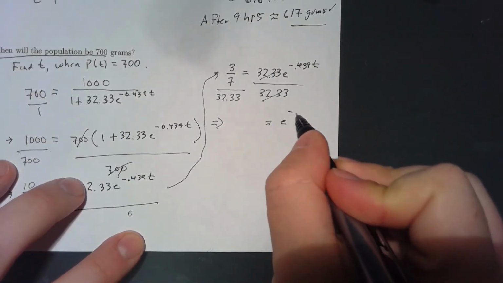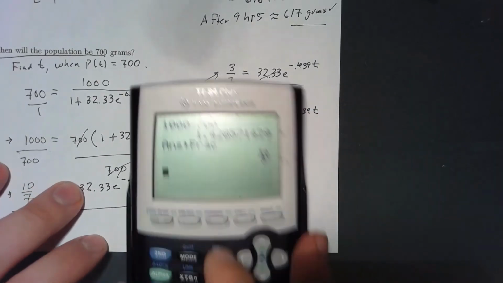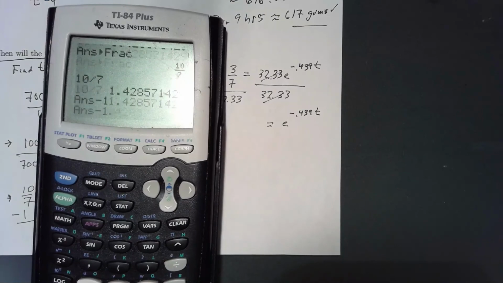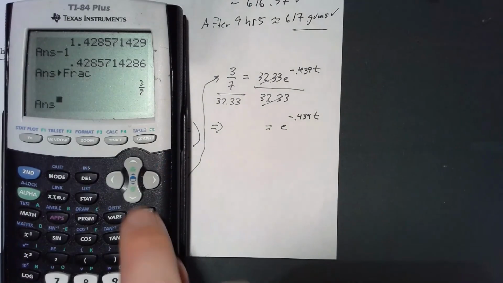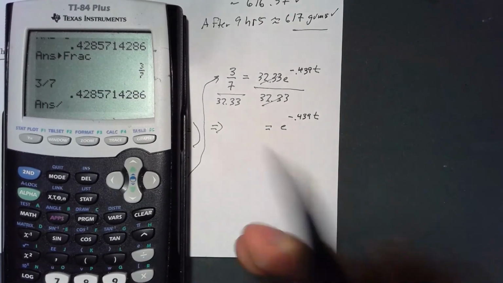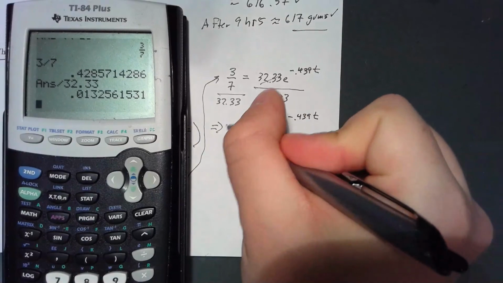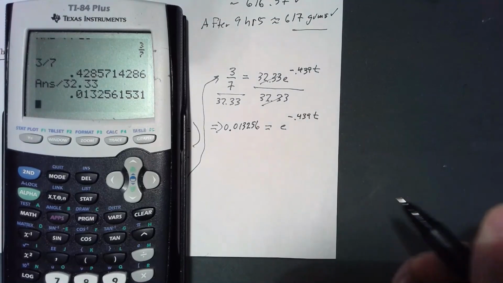So you're going to have e to the negative 0.439 t equals this number, which is on your calculator. 10 divided by 7 minus 1 was 3 sevenths, right? 3 sevenths divided by 32.33 gives me 0.013256, that's good enough.